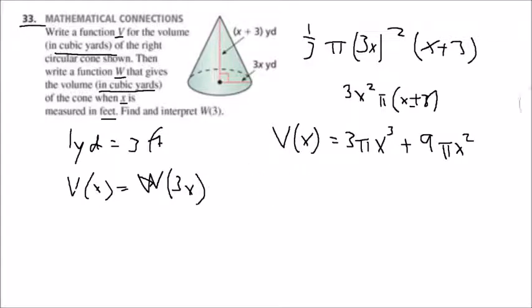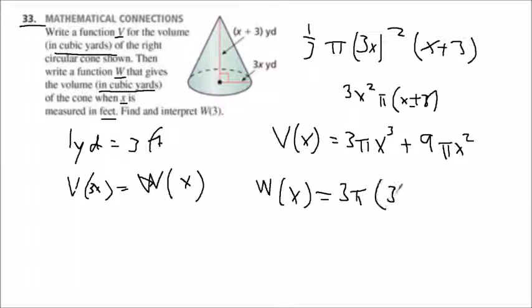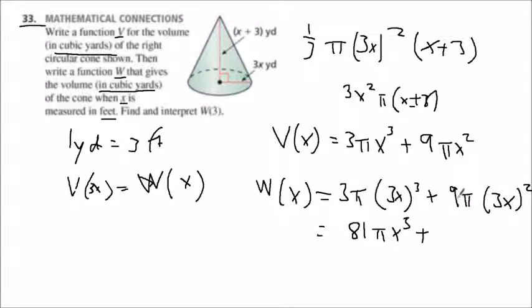Now in order to get w, we have to substitute v of 3x. Sorry about this. V of 3x equals w of x. So w of x is equal to 3 pi, and then we've got to put 3x in there, cubed, plus 9 pi, 3x squared. So 3 cubed, 27, that's 81 pi x cubed plus, and then 3 squared, 9 times 9 is 81, so 81 pi x squared.